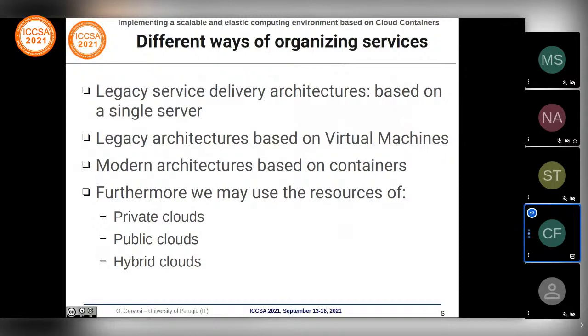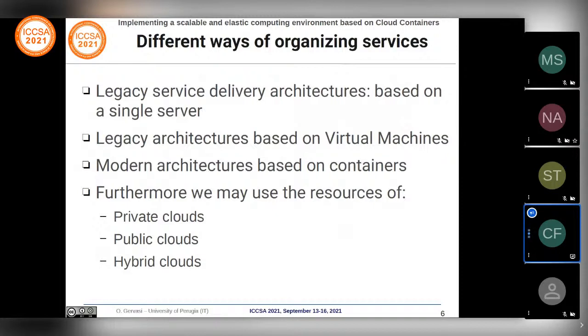What is the disadvantage of this architecture? The most important one is that you cannot scale. You have only one server, and you cannot add another server to reinforce the design in case of need. So it's a static design that may scale only vertically.